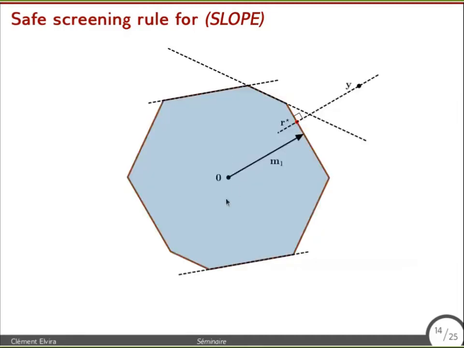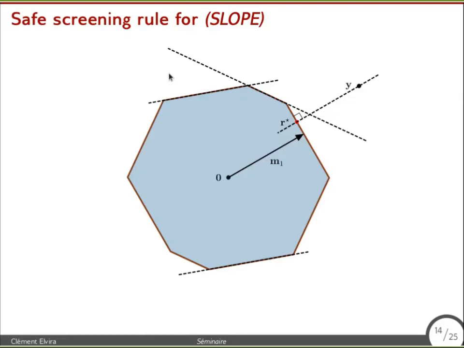If I come back to my geometric interpretation, it ends up trying to verify if, for instance, I take all the hyperplanes generated by M2, so this one and this one. So I have these hyperplanes and these hyperplanes.